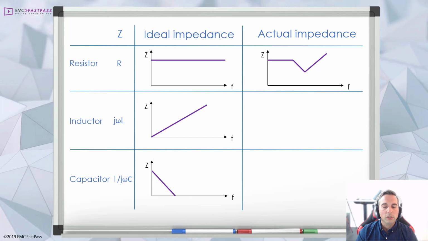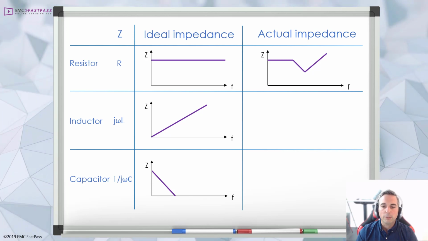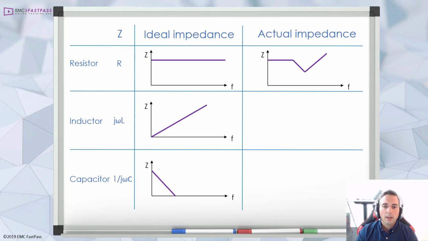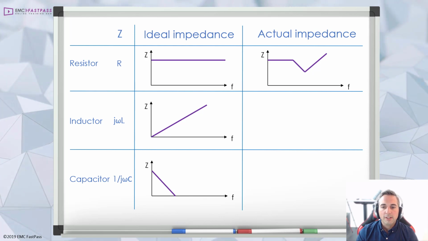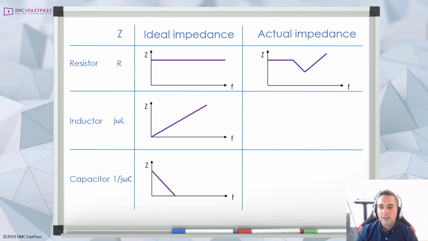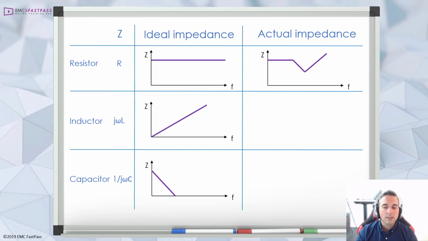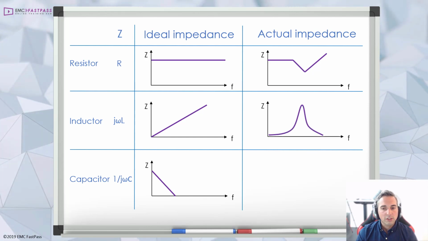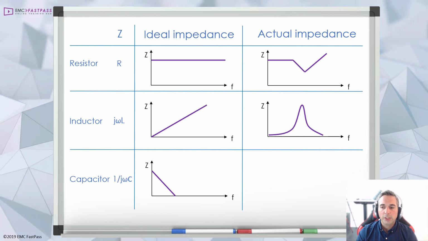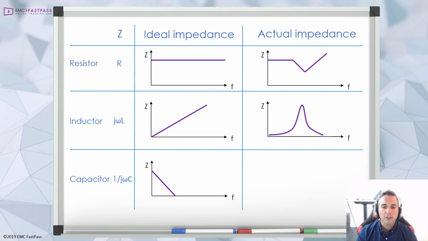But in reality, due to the parasitics, here's the actual frequency response of each of these components. Here's what they might look like in a kind of simplified approximation. For the resistor, there's a dip in the impedance at frequency, then an increase as the parasitic inductance begins to dominate. For the inductor, there's a peak impedance which tails off as the frequency increases.